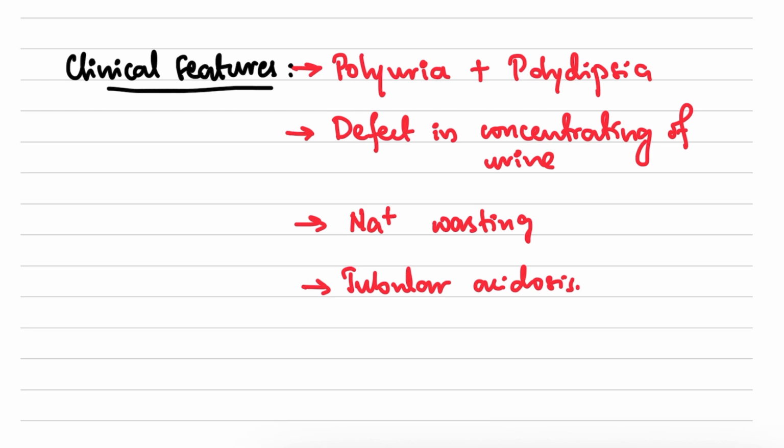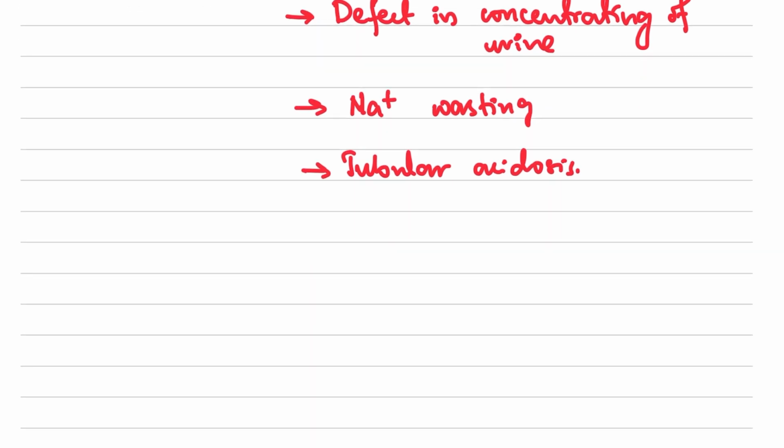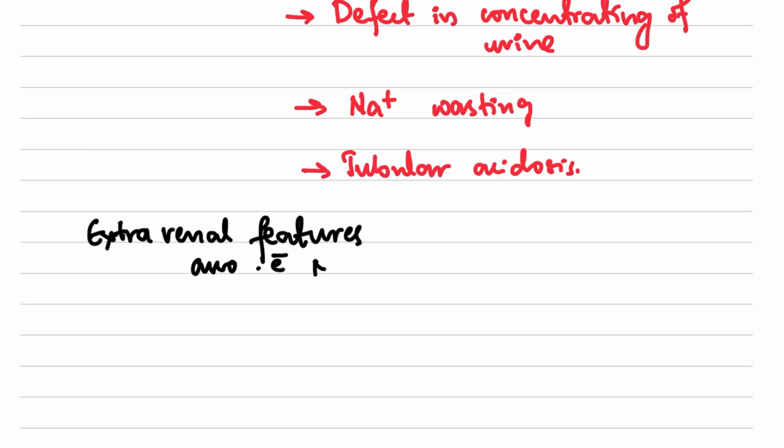So what are the extrarenal features associated with nephronophthisis?